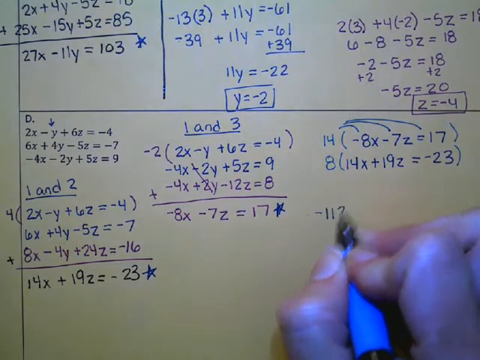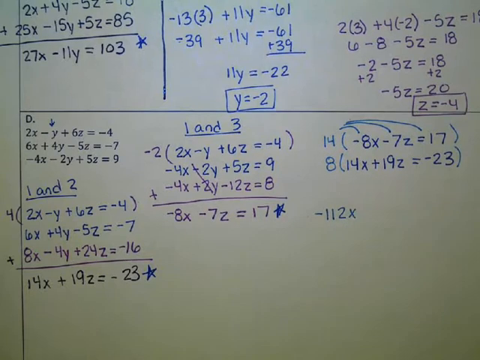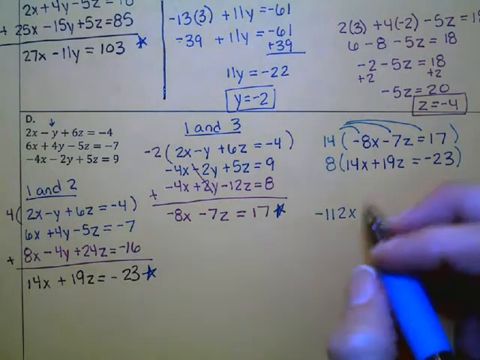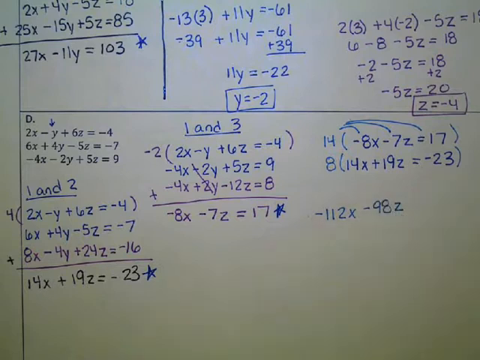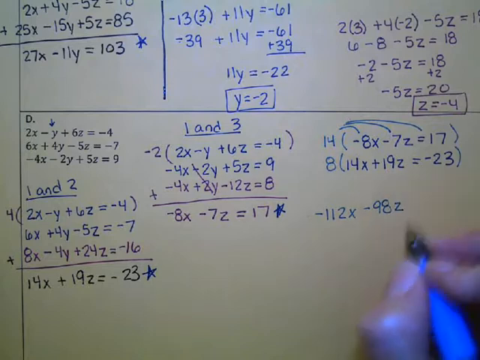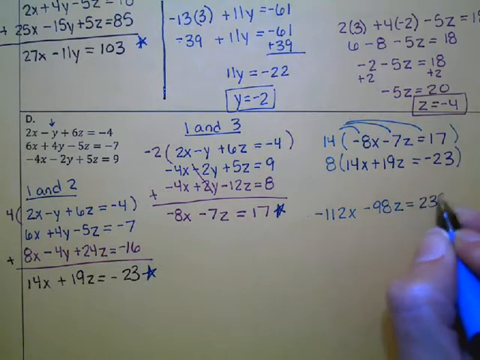14 times negative 8 is negative 112. 14 times negative 7 is negative 98. 14 times 17 is 238.